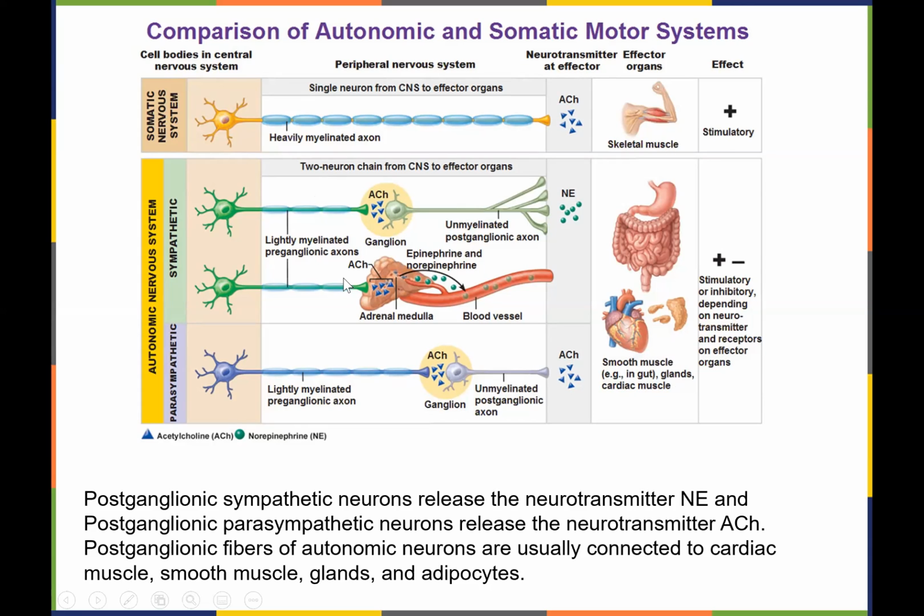So we have lightly myelinated preganglionic, and the postganglionic is unmyelinated. In the sympathetic, the preganglionic neuron is lightly myelinated and uses acetylcholine as the neurotransmitter, and also acetylcholine in the effector. Here you can see the second neuron is also unmyelinated like this.